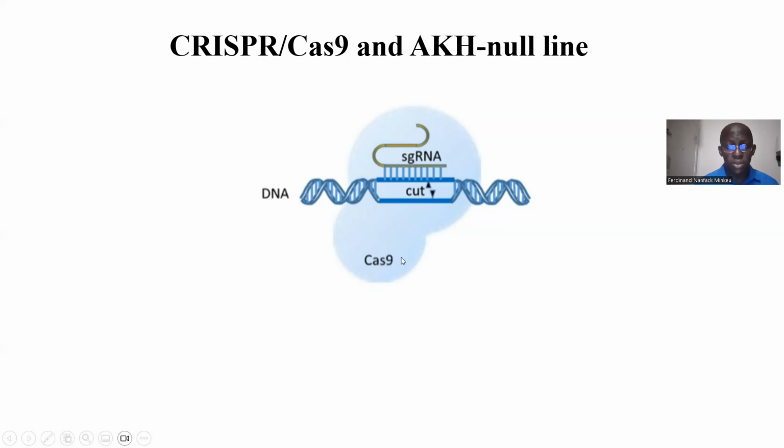We used this system to induce a mutation in our wild type mosquito that we call LVP, from Liverpool strain. It means the wild type mosquito. We used CRISPR-Cas9 to induce that mutation, and it worked well.